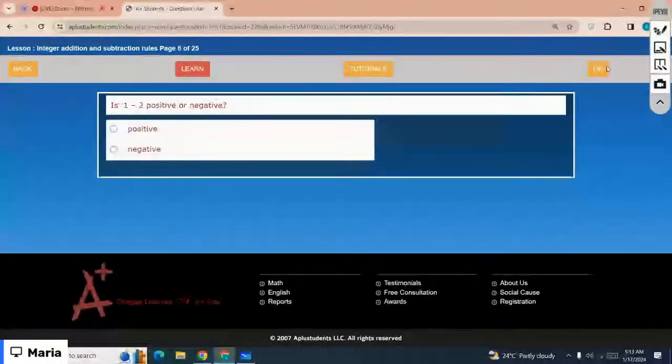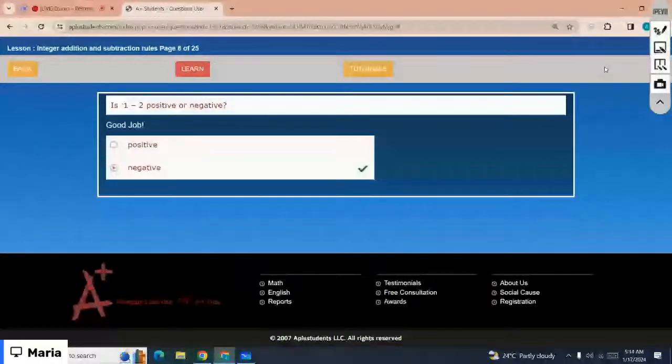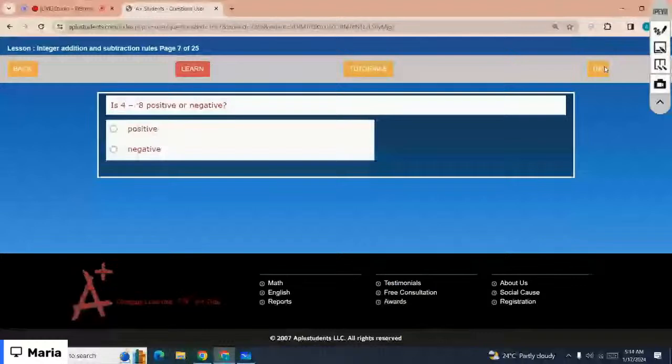Is minus 1? Yes, it is negative. Okay, is 4 minus negative 8 positive or negative? Positive it is.